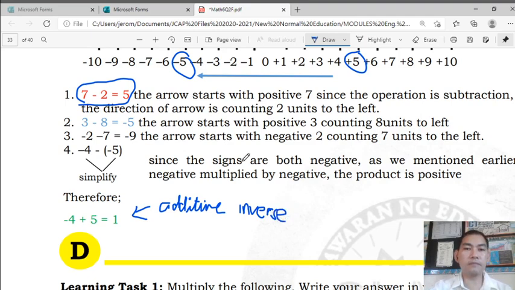So, in subtraction, we have the so-called subtrahend and minuend. So minuend is the one that we are subtracting from, while subtrahend is the one that subtracts from the minuend.